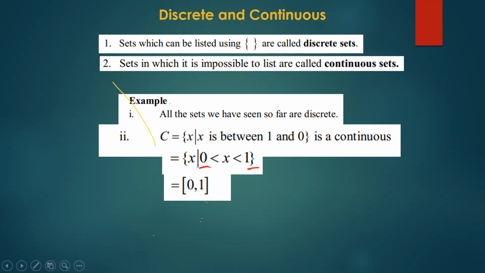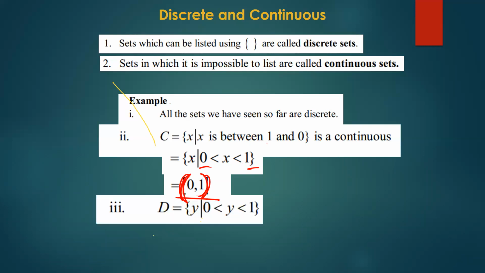And it can also be written like this. I think there was an error here because they're saying between 1 and 0. We're supposed to use this kind of brackets.